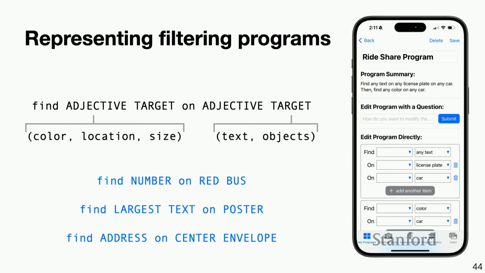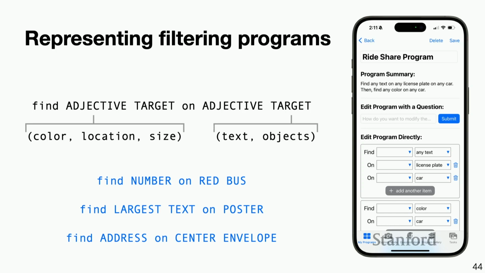With this very simple structure, people are able to create assistive programs to find the number on the bus, find the largest text on a poster, or find the address on an envelope, right? And this can also be easily extended in the future to support new models and object classes, as well as maybe alternative terms for find or on.